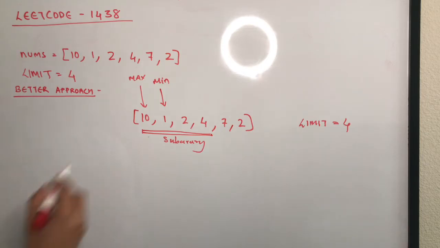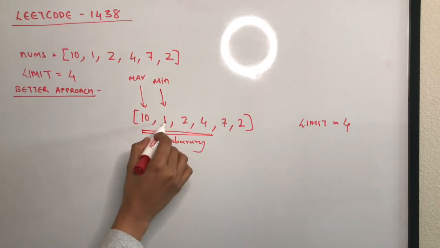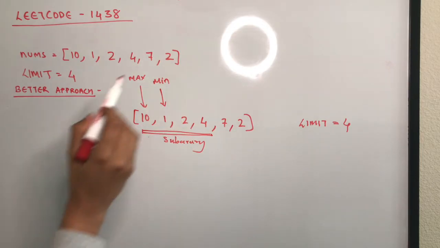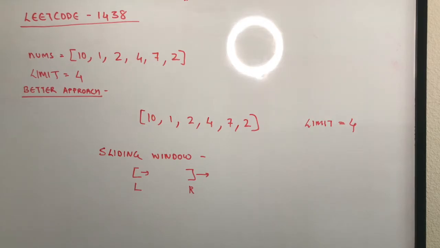Then find the absolute difference between the minimum and maximum, which is 10 minus 1, which is 9, and check whether 9 is within the limit or not.